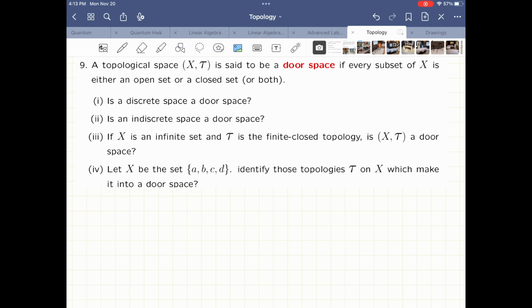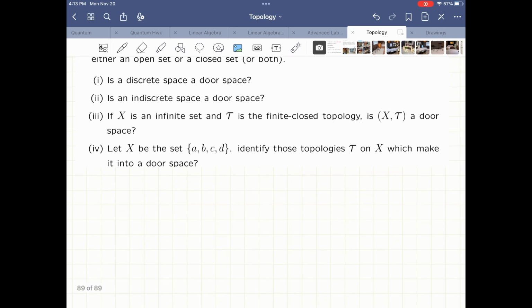It doesn't mean that if something is neither closed nor open, it's a door space, because it is not. A set has to be open, closed, or both, within the topological space.